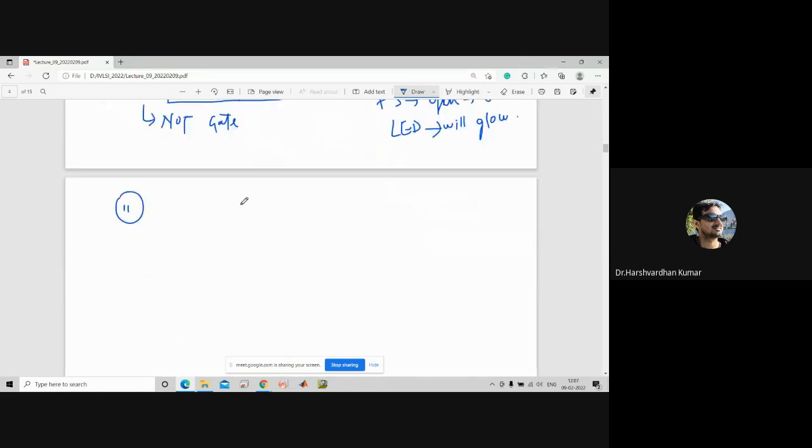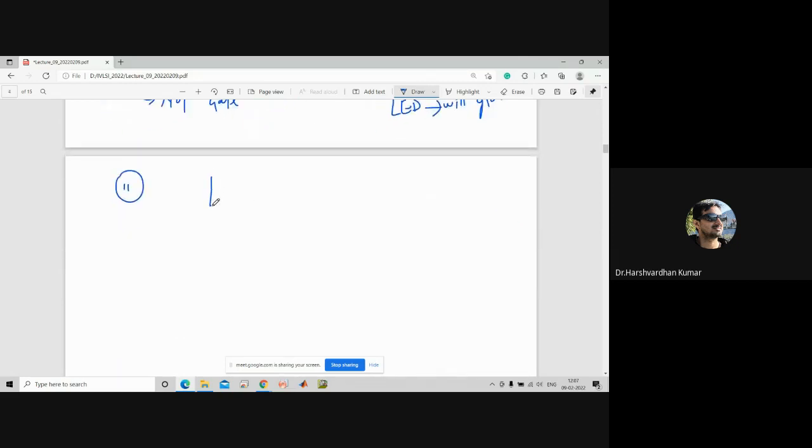Now, what will happen if you connect the switches in parallel in a circuit? Let us see here. We have to connect the switches in parallel. This is the symbol of a switch. Let us say this is S1, S2, and here the resistor is connected and the LED is connected.